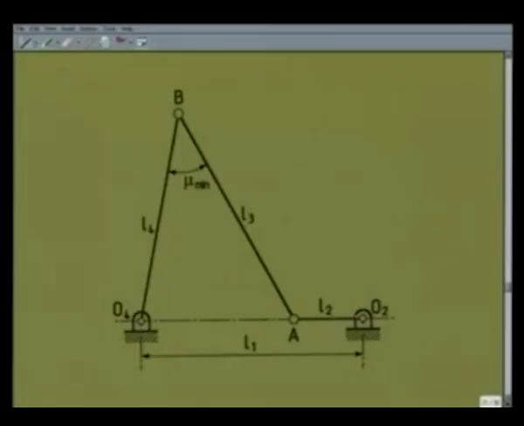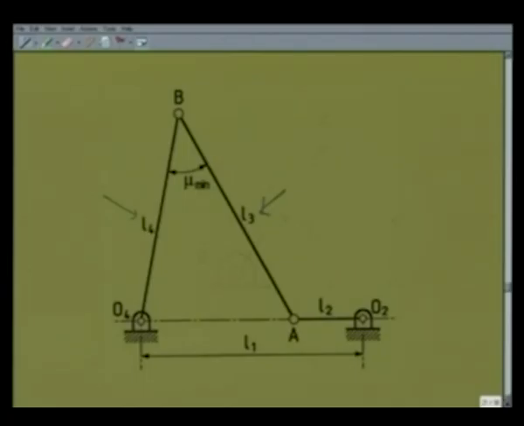This figure clearly shows that when the crank O2A is along the line of frame O4 O2, the transmission angle, that is the angle between the coupler and the follower, is at its minimum value. This is what we call mu min, because it is already acute.